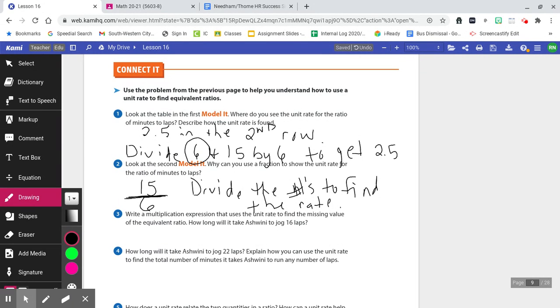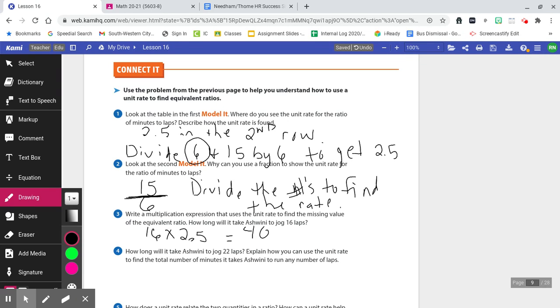And number 3, write a multiplication expression that uses the unit rate to find the missing value of the equivalent ratio. How long will it take Ashwani to jog 16 laps? Hopefully you knew that you're going to do 16 times 2.5. So it will take her 40 minutes to jog 16 laps.